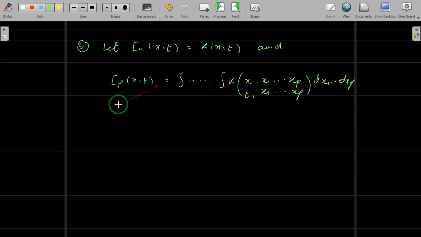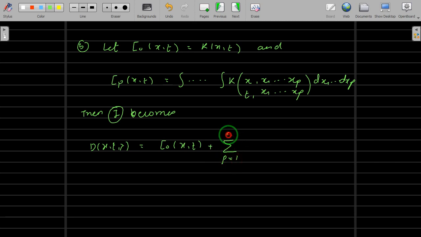If you denote it like this, then equation 1 becomes D(x, t; lambda) equals your kernel, which we have denoted C0(x, t), plus summation p from 1 to infinity of (minus lambda) raised to p upon p factorial, and here we'll have Cp(x, t). And this is from your equation 1.